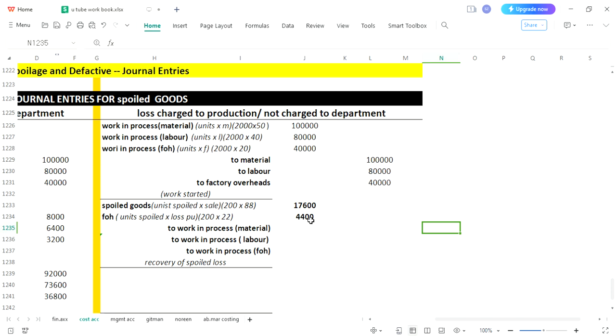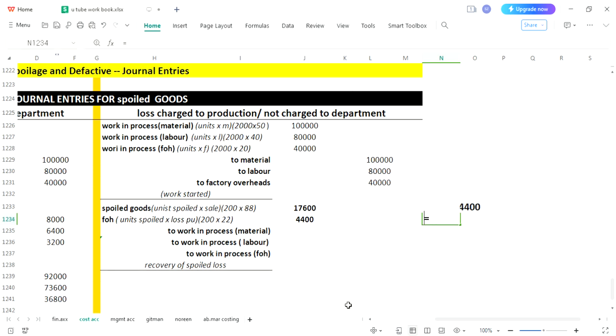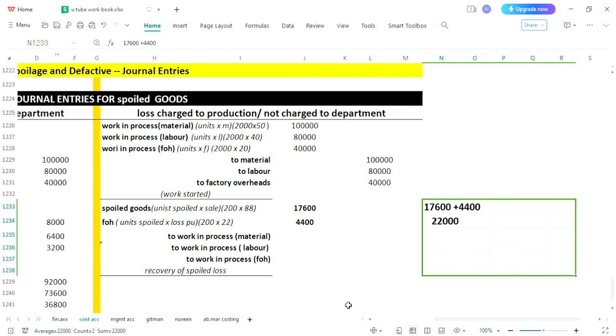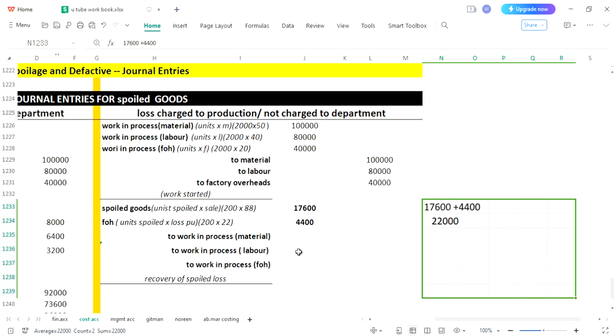Two amounts: 17,600 and then add 4,400. Now you will calculate, 17,600 would be added to 4,400. Okay, 22,000 is the sum.